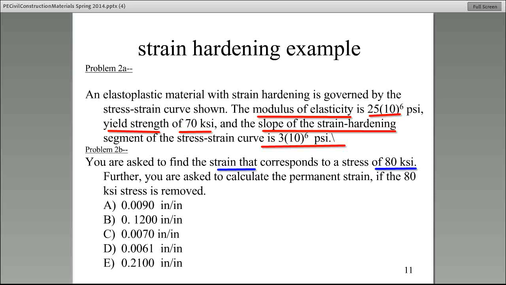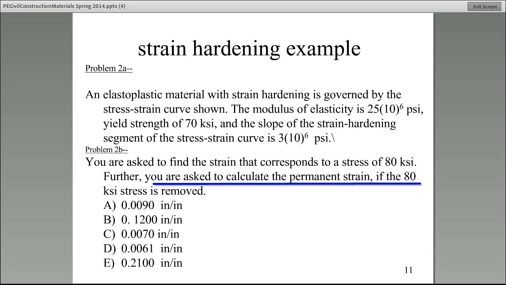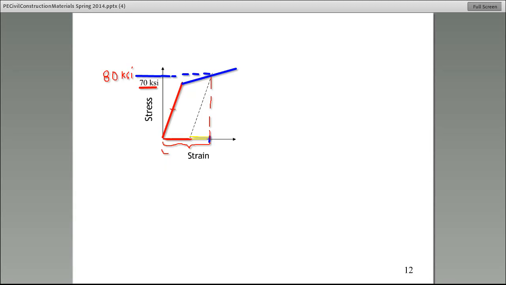The next part of this problem, they say, please calculate the permanent strain if the 80 KSI stress is removed. If the 80 KSI stress is removed, what is the permanent strain? Permanent strain is this segment right here.